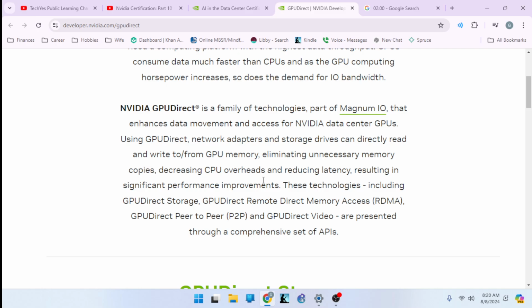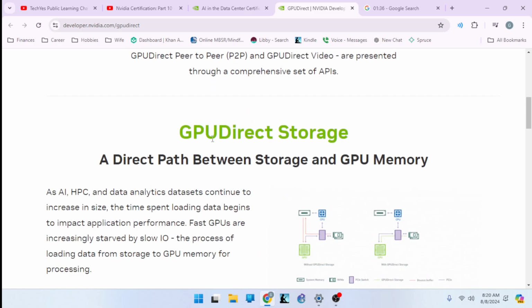These technologies, including GPU Direct Storage, GPU Direct Remote Direct Memory Access (RDMA), GPU Direct Peer-to-Peer (P2P), and GPU Direct Video, are presented through a comprehensive set of APIs.